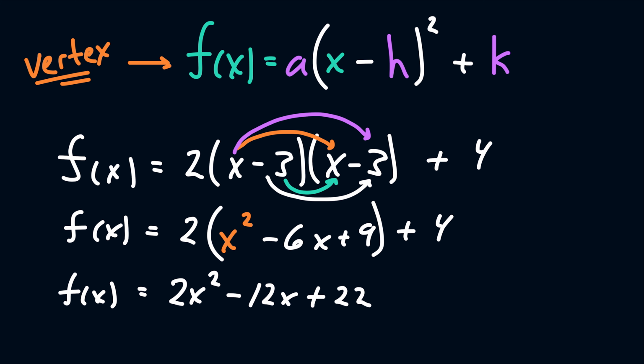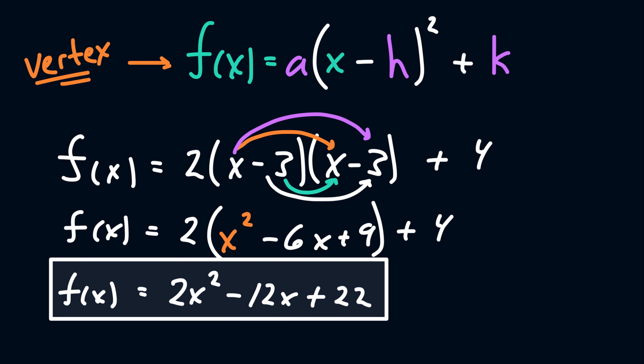And what do we have here? We have the standard form. Okay, that's standard form, right? This is our A is 2. Oh, wait a minute. That was also our A here in the original vertex form. See? So I have my A here, my B is going to be -12, and C was +22.